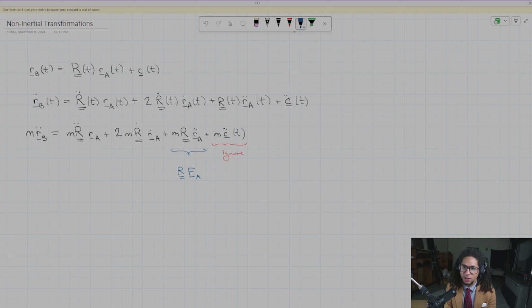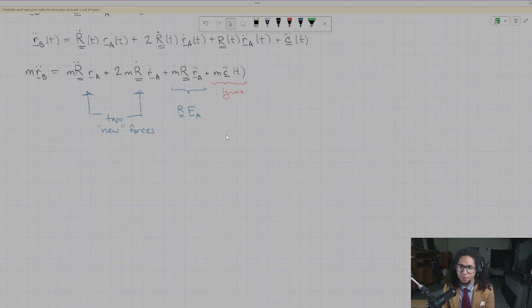Effectively, we have two new forces. And I'll put new forces because in a certain sense, they're not new. They're just from the fact that we made a non-inertial transformation. Okay, good.